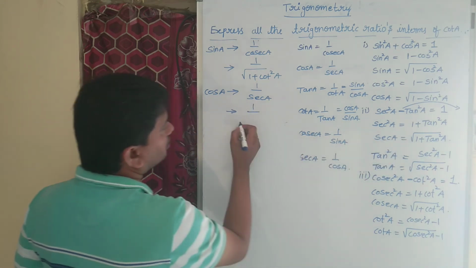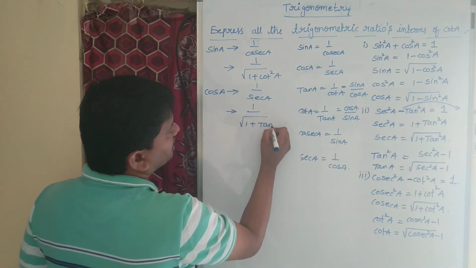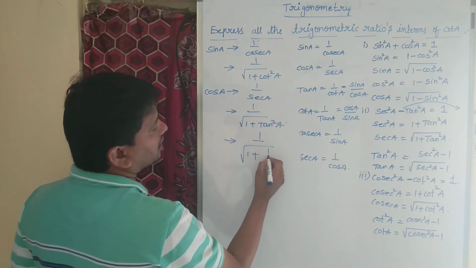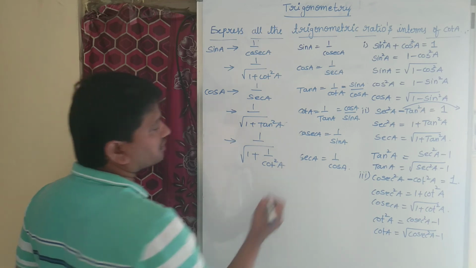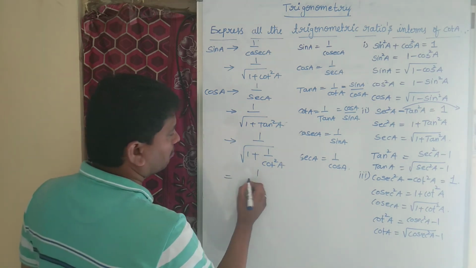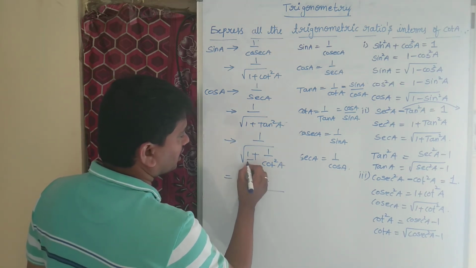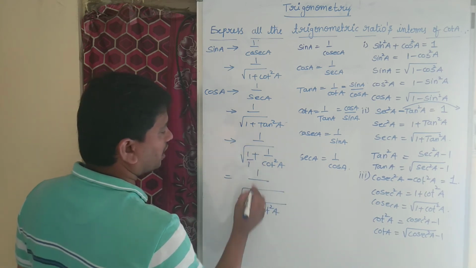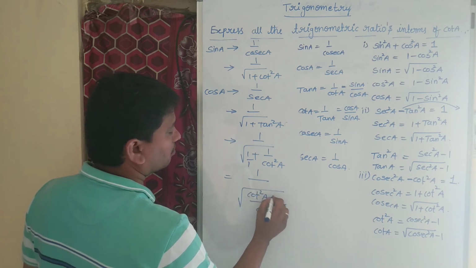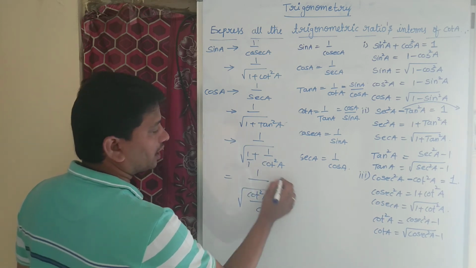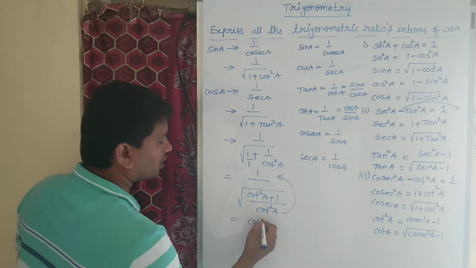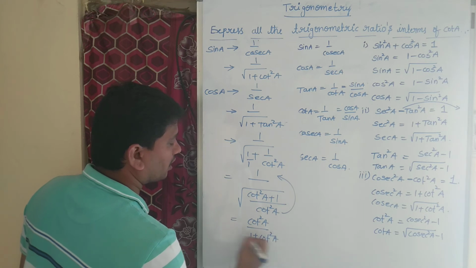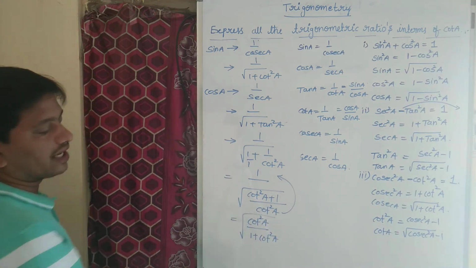Sec A is nothing but root over 1 plus tan square A. Also we know that tan square A is nothing but 1 by cot square A. LCM is cot square A, into 1 cot square A plus 1. Again reciprocal, it will become cot square A by 1 plus cot square A. See, cos we expressed in terms of cot.